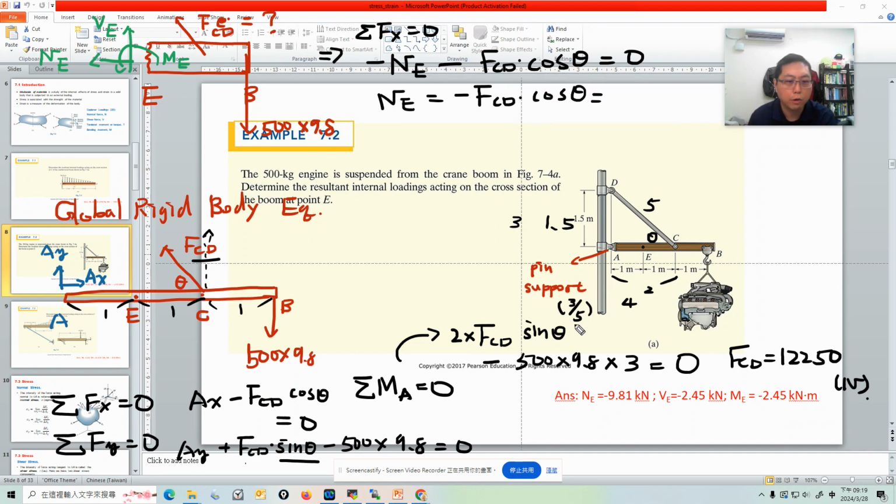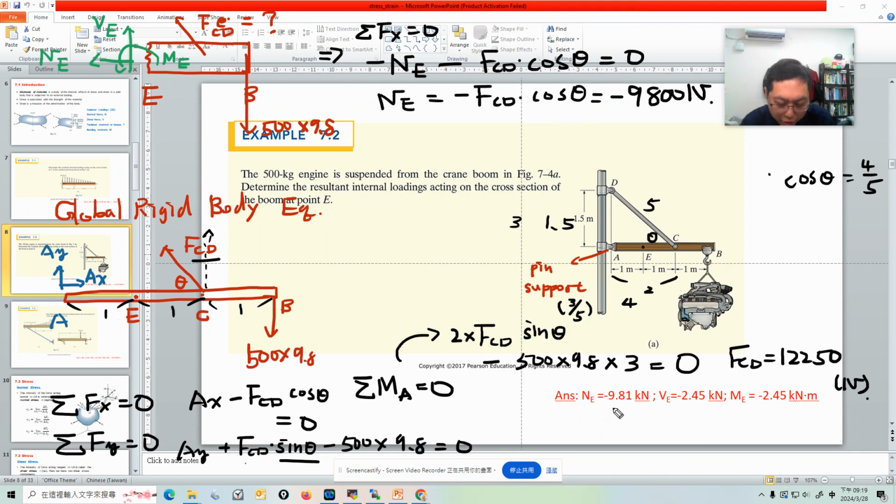So what is cosine theta? Cosine theta is 0.8, it's 4 over 5. So let's calculate 12250 times 0.8. Did I calculate this correctly?